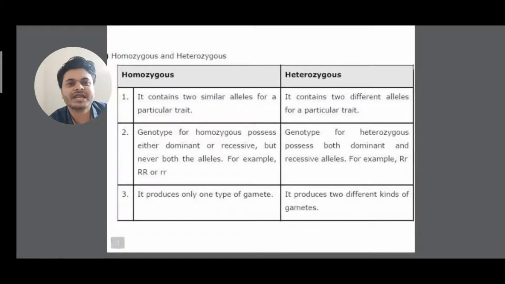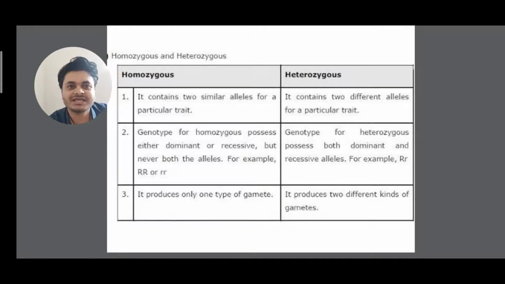Now the difference between heterozygous and homozygous. Homo means same, isn't it? Similar alleles, and hetero means different alleles. Homozygous produces one type of gamete, whereas heterozygous produces two different kinds of gamete, isn't it? The genotype of a homozygous possesses either dominant or recessive, but never both alleles.